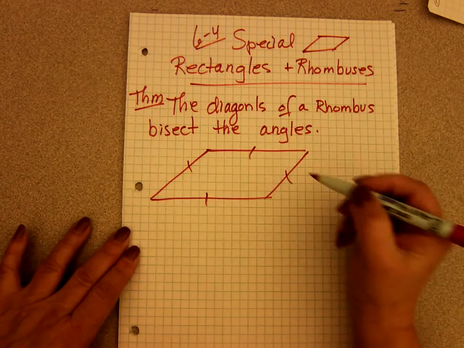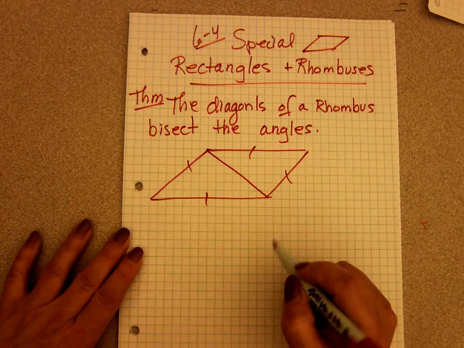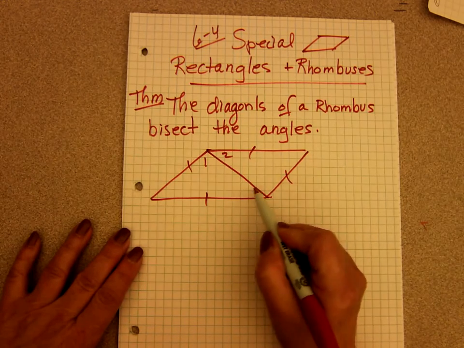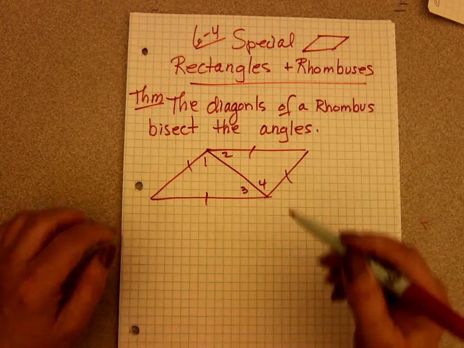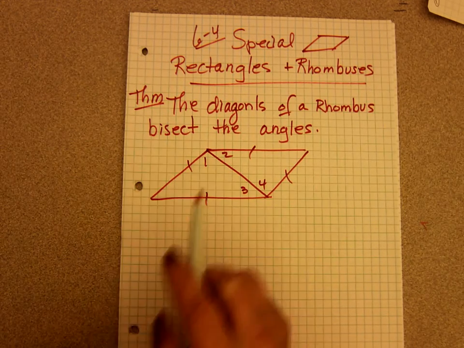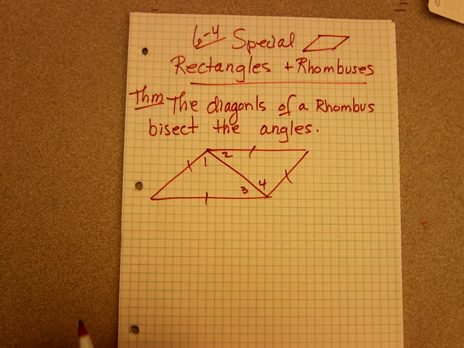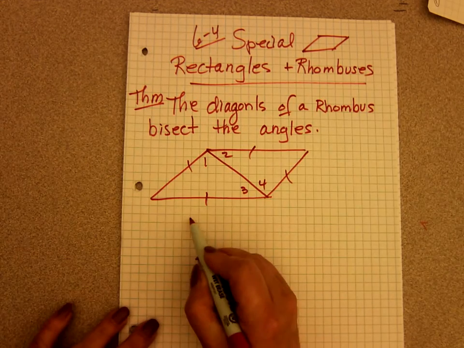So here I have a rhombus, a diagonal. The first thing you have to remember is that opposite angles of a parallelogram, which a rhombus is, are congruent. So if I bisect each of these, what can I state about the measures of these angles?